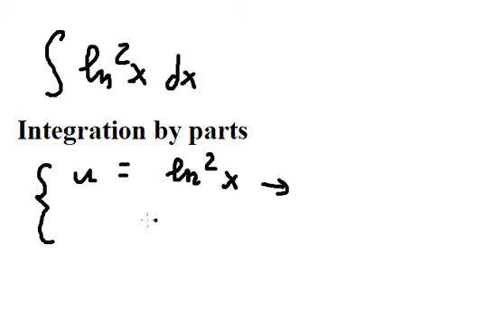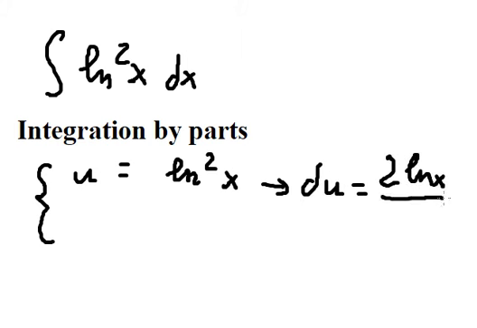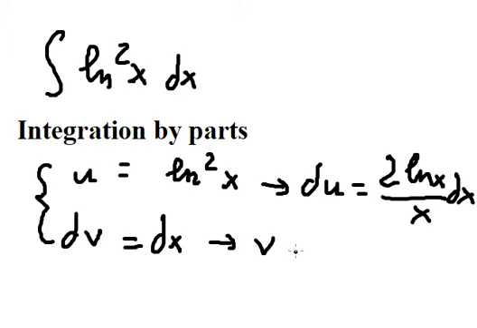Then we first take the derivative of both sides, and we have 2 ln x over x dx. dv equals dx. The integration of this one, we have v equals x.